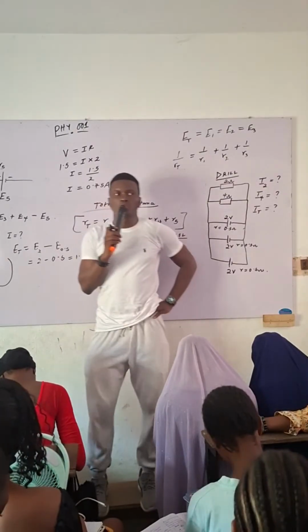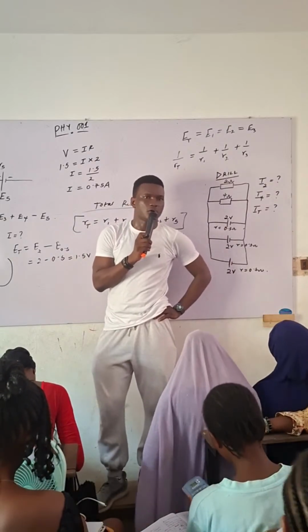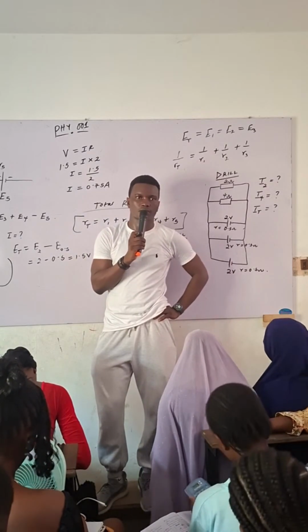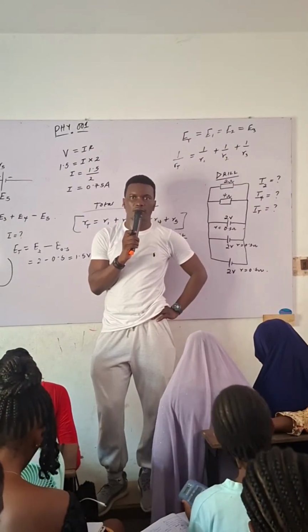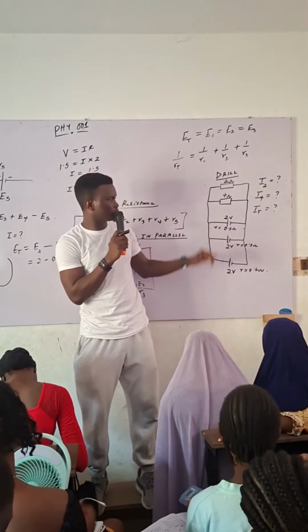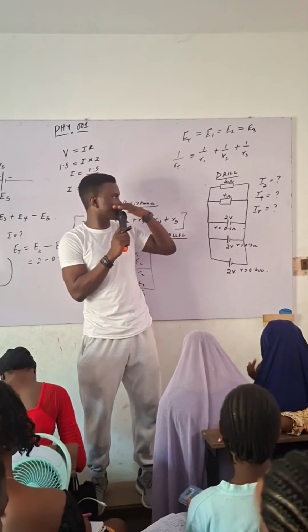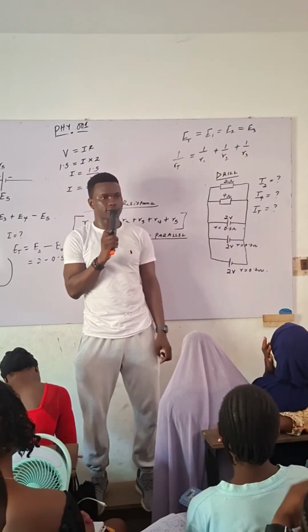Who has gotten the total current? What's the total current? Or what's I2? Can you do them independently?